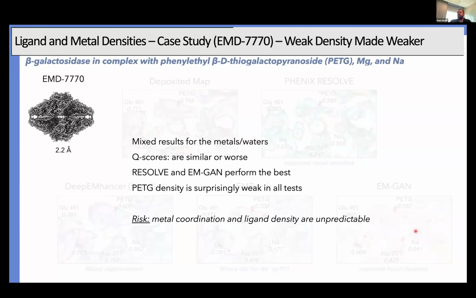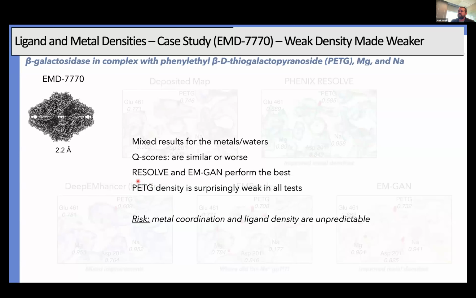And so what we saw here was there's quite mixed results for the metals and the waters, which is surprising given that the scattering coefficients of sodium and water are not all that different. The Q scores overall are either similar or worse for many of these, but Resolve and EM GAN do seem to behave the best compared to the other two algorithms.